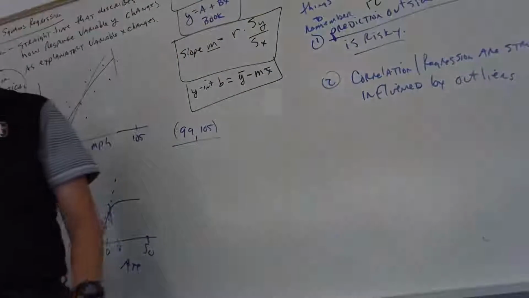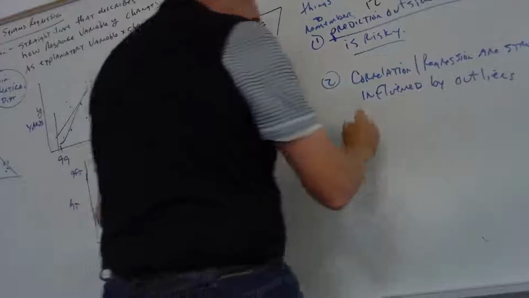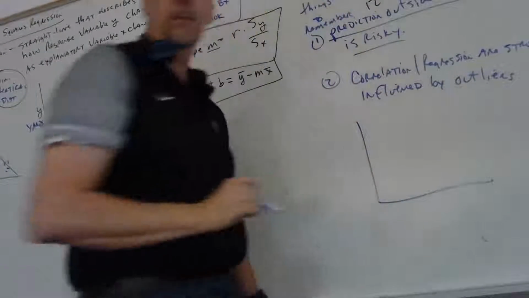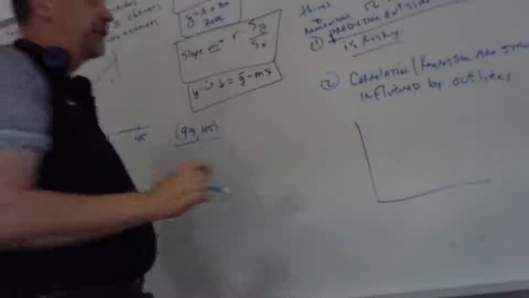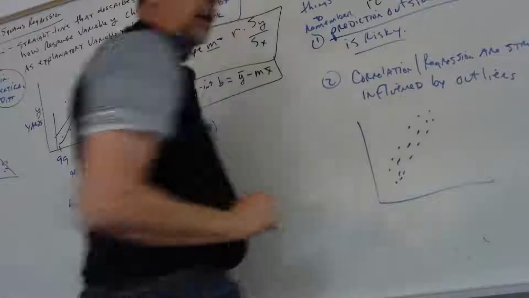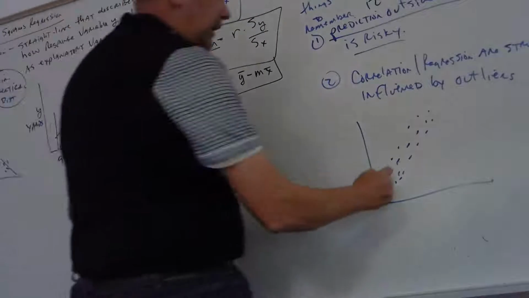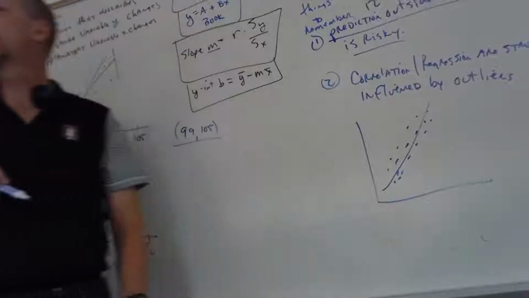Now, we want to talk also a little bit about the difference between an outlier and an influential point. So let's say, for example, that I have some data that looks like this. If I include it just like it is, you can see I can draw a straight line there pretty easily.